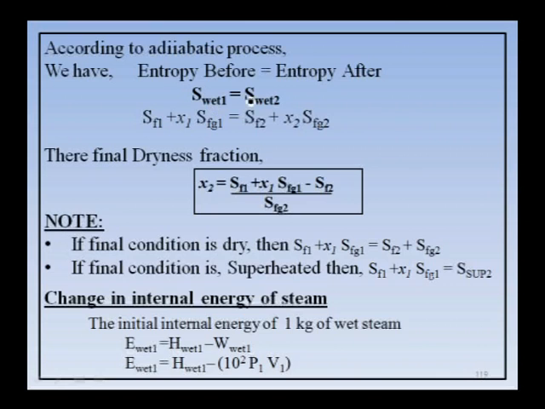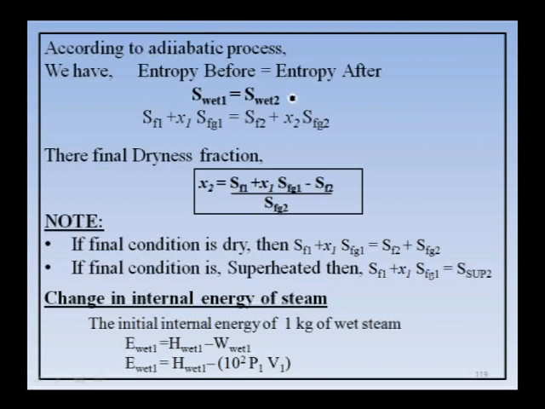Therefore, S wet 1 is equal to S wet 2. What is the entropy of wet steam relation? This one, Sf1 plus X1 Sfg1 is the entropy at the initial state. After the process, Sf2 plus X2 Sfg2 is the entropy.